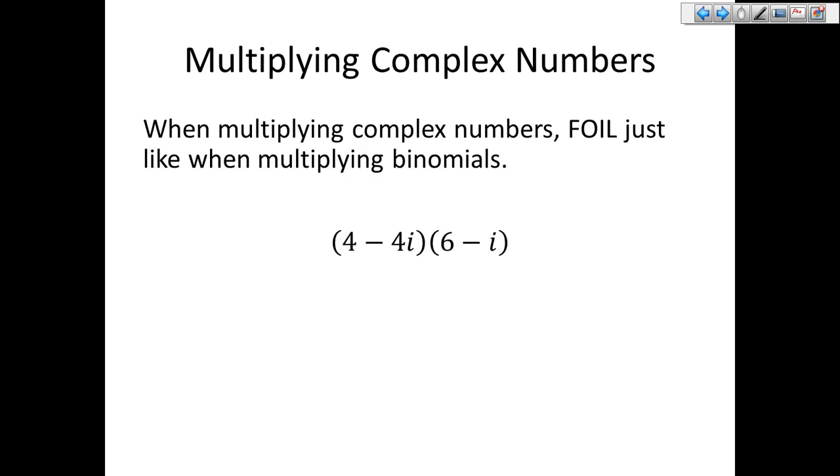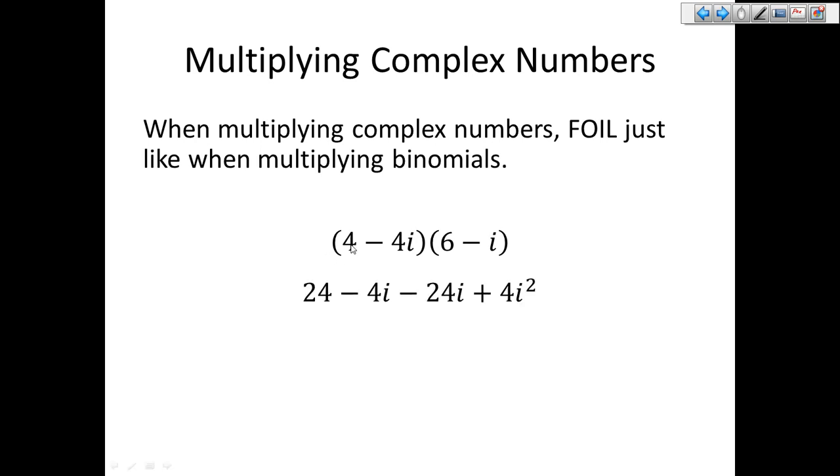Alright, so we needed to talk about that so that we can talk about this next big subject, which is multiplying complex numbers. Now, this looks like we're multiplying a couple binomials, and that's actually how we deal with it. We're going to use the FOIL method: first, outside, inside, last. So, what do you get when you FOIL?